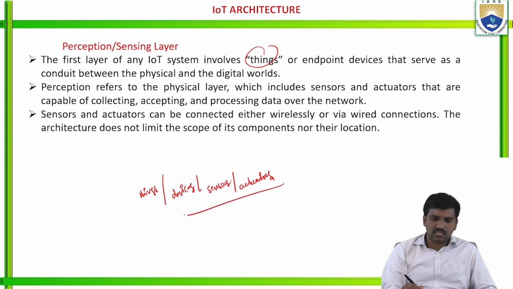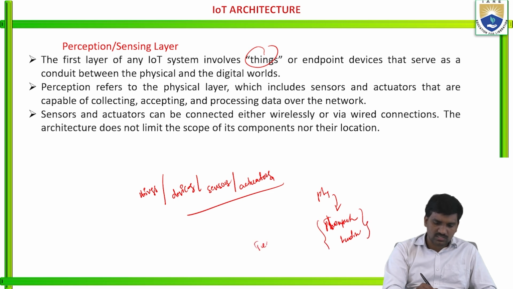These are the endpoint devices that serve as a conduit between the physical and the digital world. Here the room is a physical room. In order to measure parameters like temperature and humidity, we have to record them. For that we have a temperature sensor, a humidity sensor, and other physical end devices.